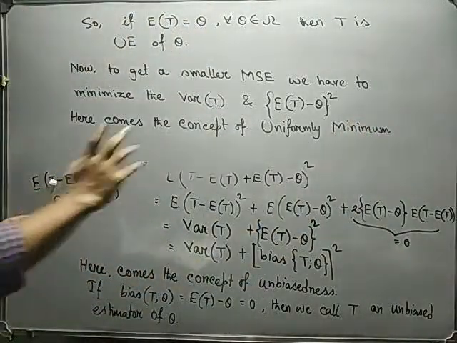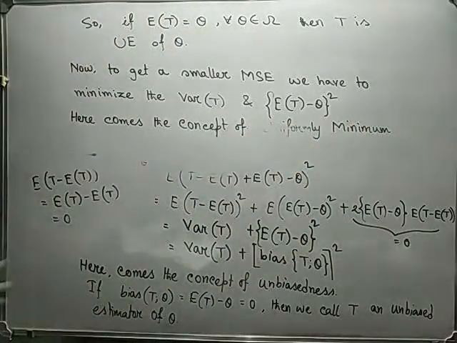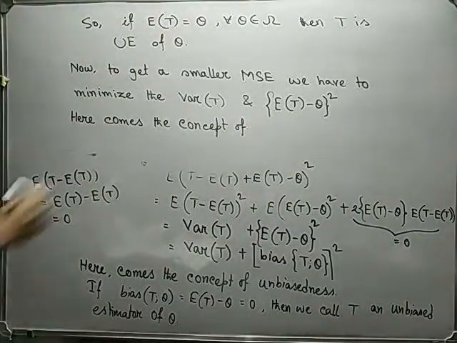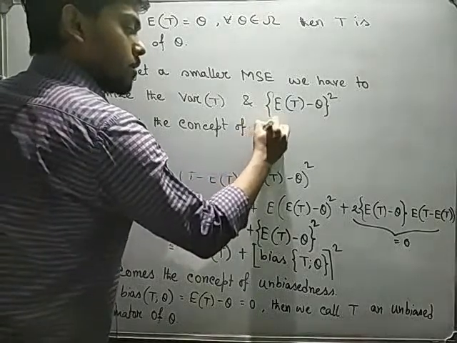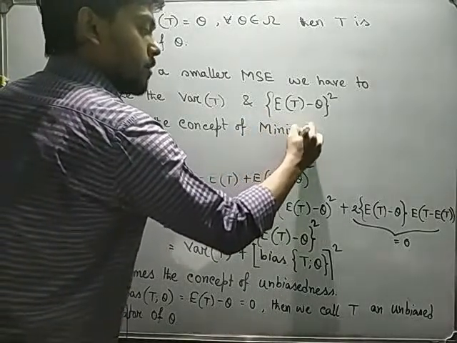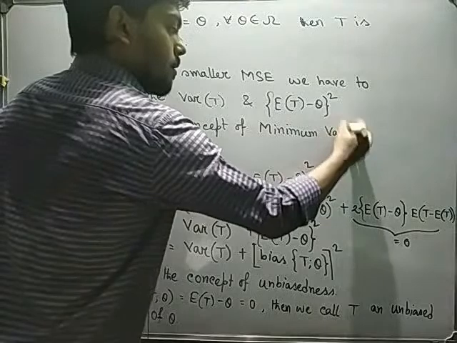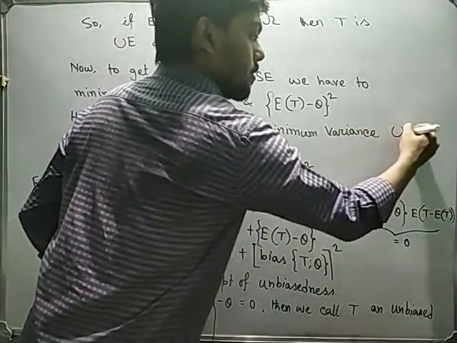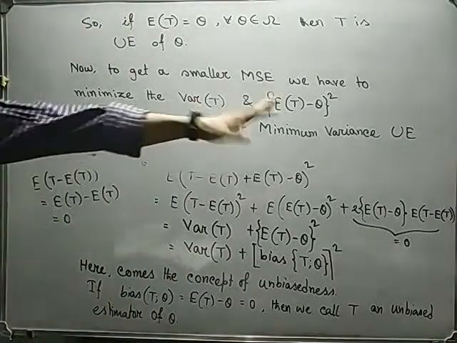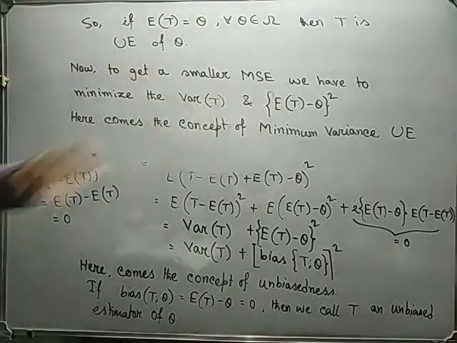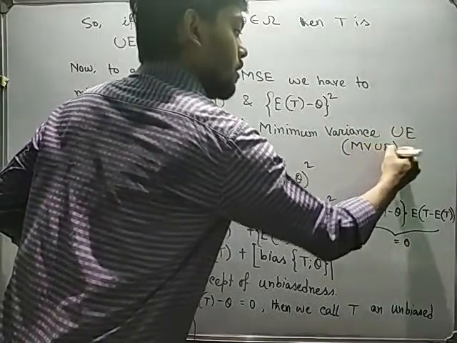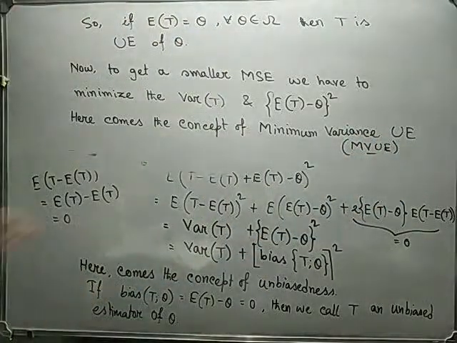So here comes the concept of minimum variance unbiased estimator, where UE means unbiased estimator. In short we can write this as MVUE. How?